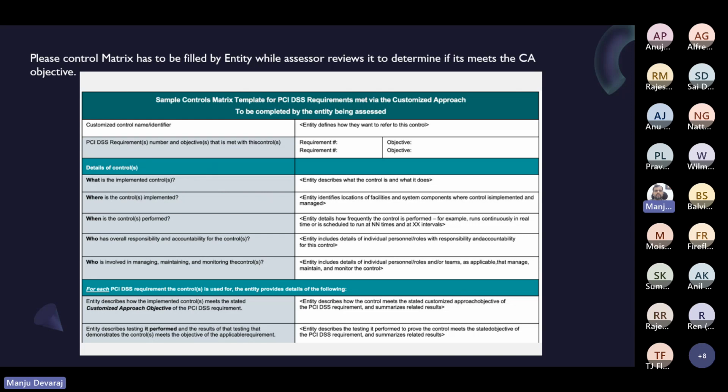So very importantly, you need to understand responsibility and accountability. The new standard has brought a lot of emphasis on this. They've embedded accountability and responsibility into every single requirement, because they want to make sure there is full accountability.